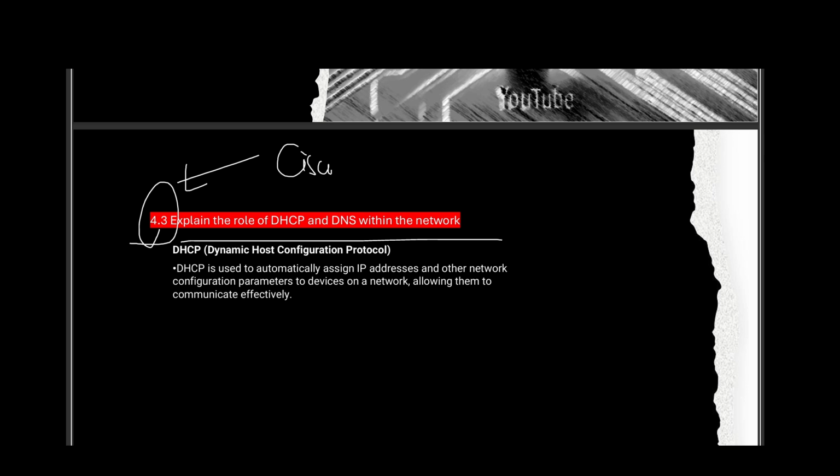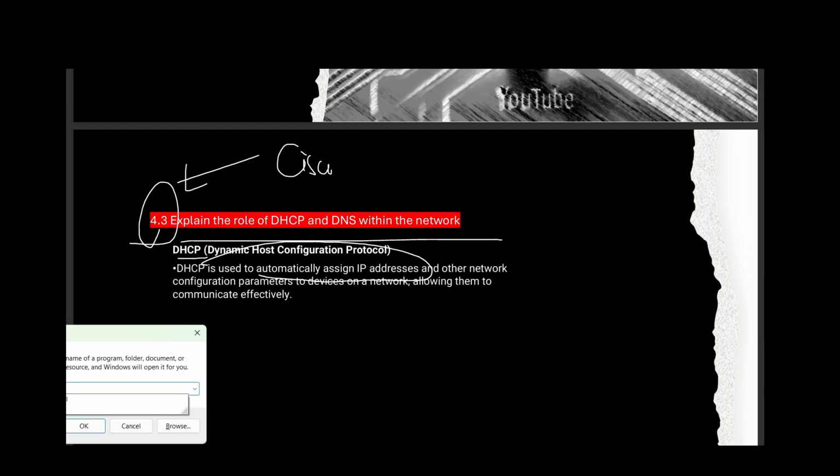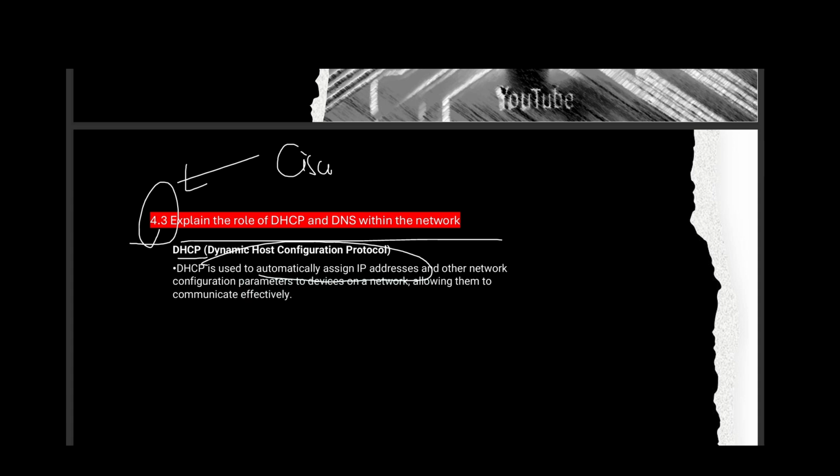So again, for DHCP, Dynamic Host Control Protocol, if you read the definition, it works by automatically assigning IP addresses on our setup. Even on your own PC, it's going to be ncpa.cpl. That's a shortcut for network configuration.